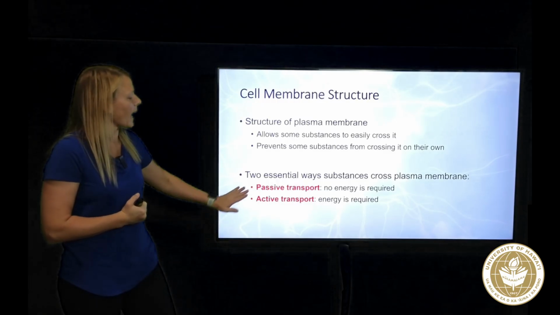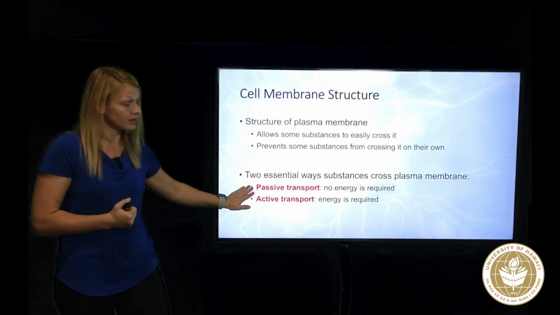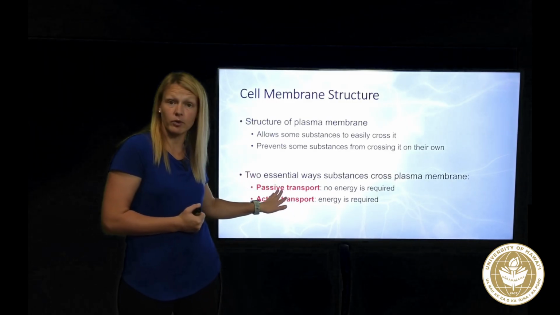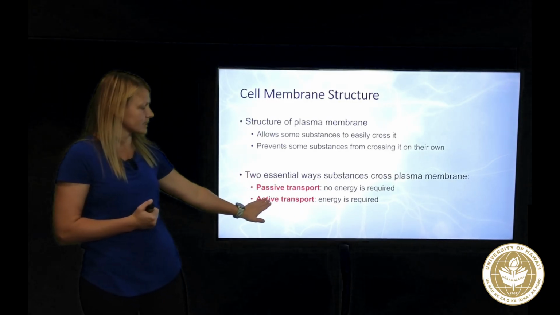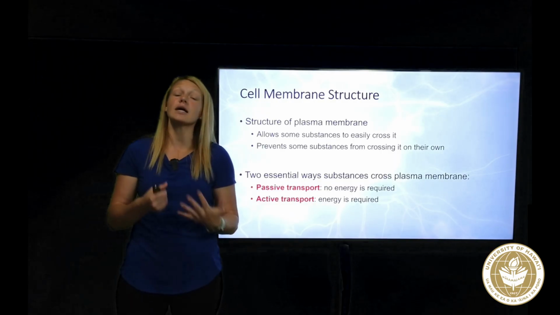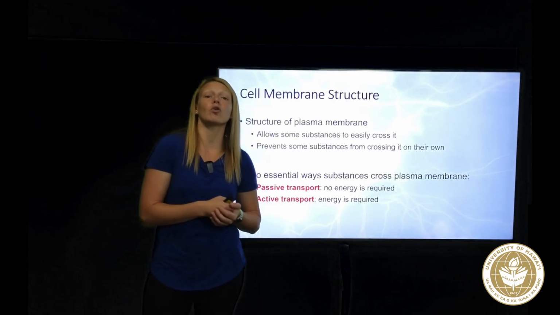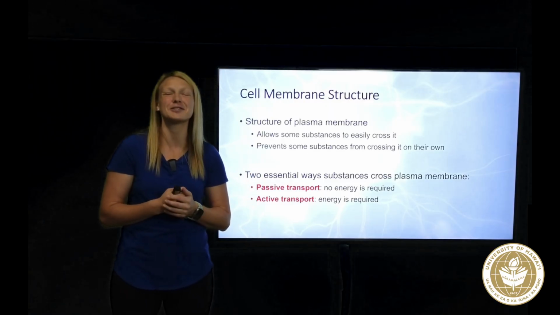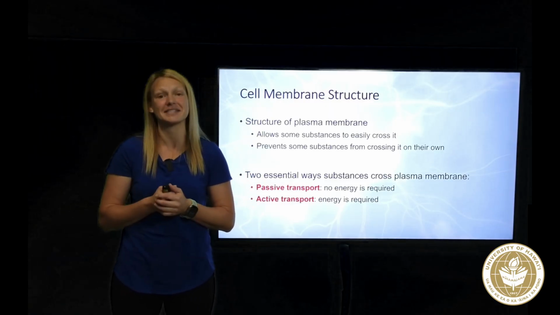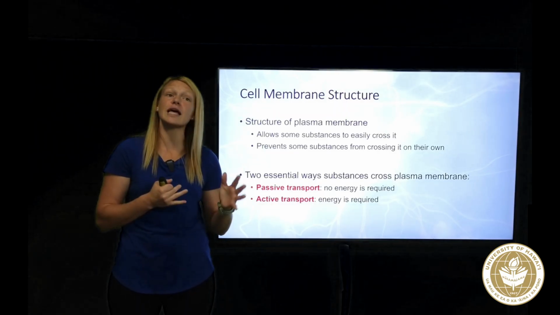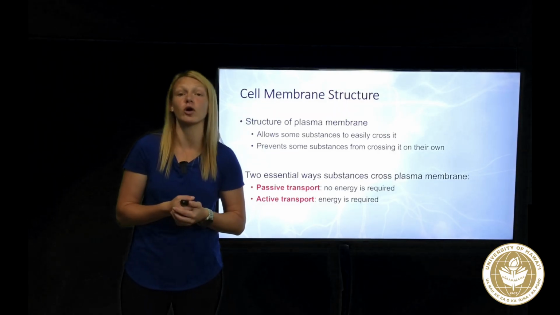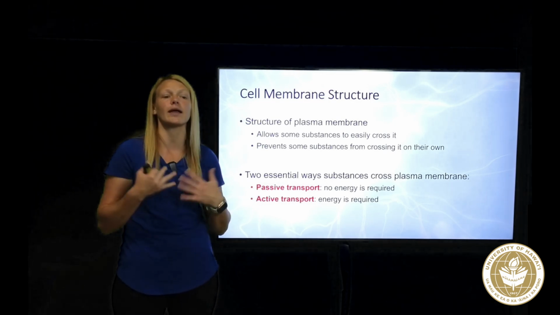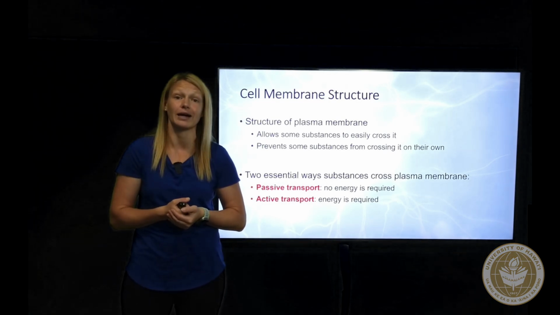Things can either pass through passively, meaning no energy is required, and this is what we term passive transport, or we have active transport, meaning we must have energy in order for that molecule to be transported across the cell membrane. In the next few slides, we're going to talk more about these transport mechanisms and the different types of passive transport, and then we'll also look at active transport as well.